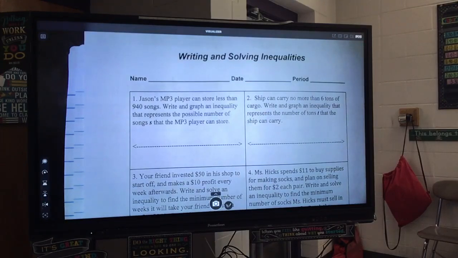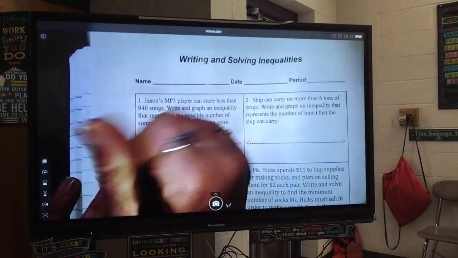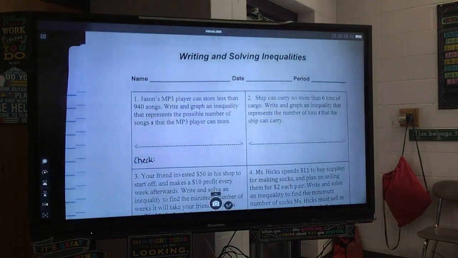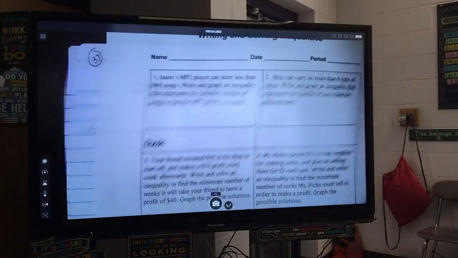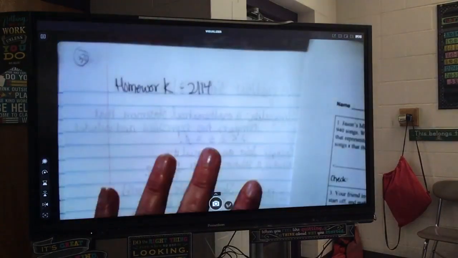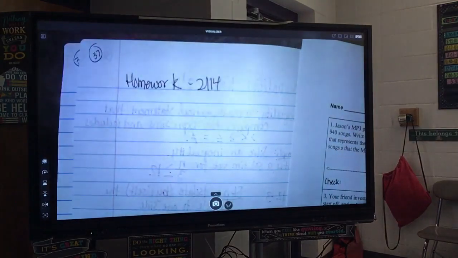Jackson, you have to choose any number that's going in the direction of your arrow, and then you have to see if it works. You have to see if it's true. So you have to plug it back in. Underneath here, you need to check each one of these. It's not on there, but you need to make sure that you check that as part of your homework. You have 6 problems. If there is not enough room for you to do your work on here, I want you to do it on the next page.